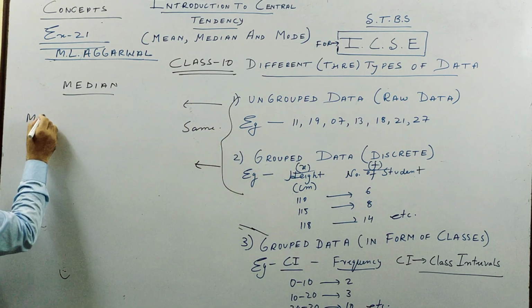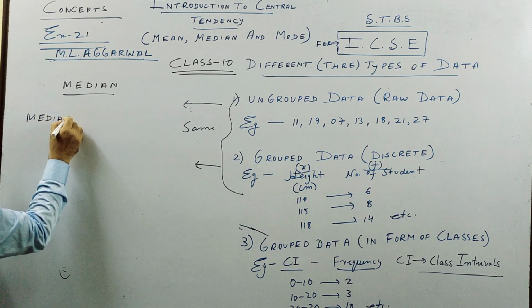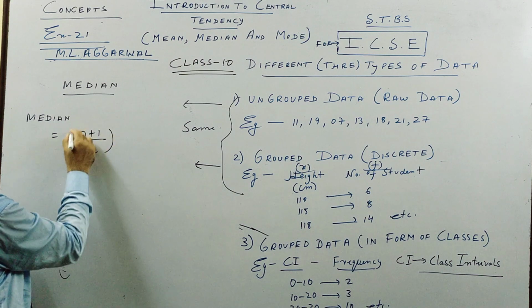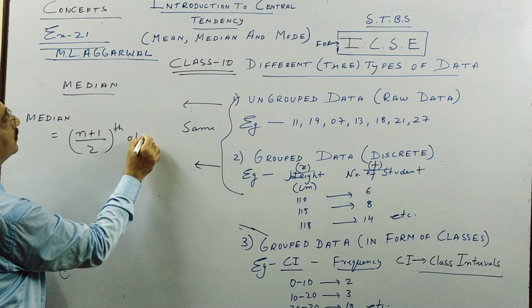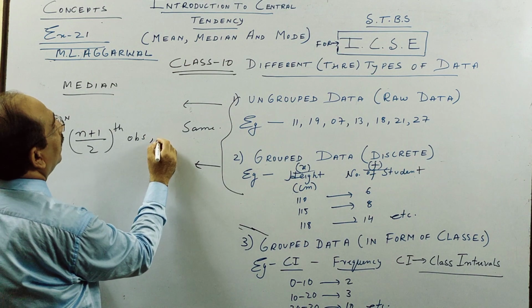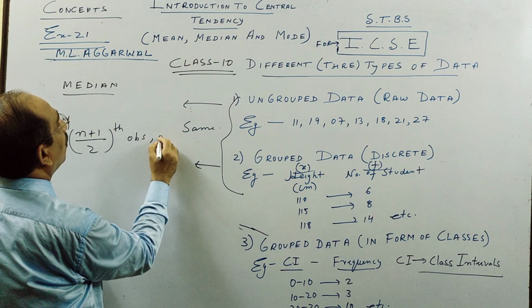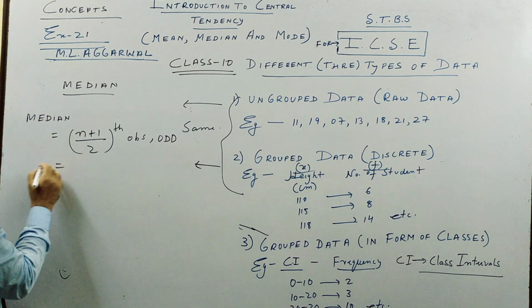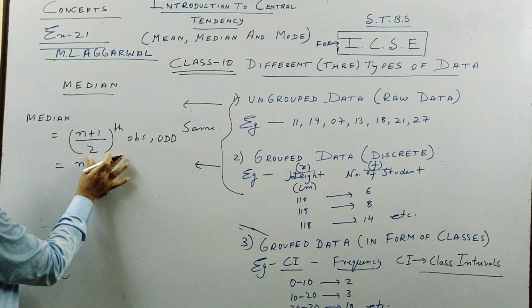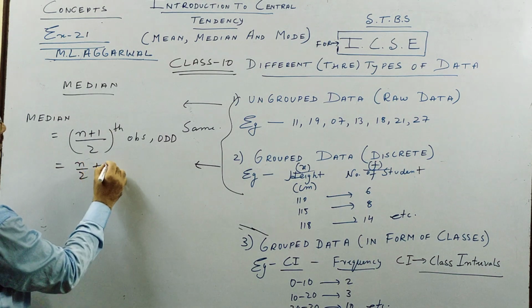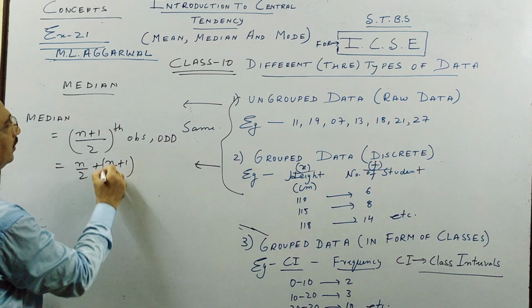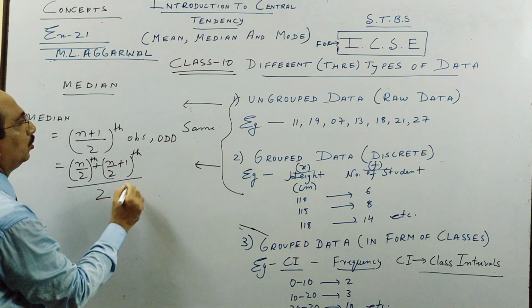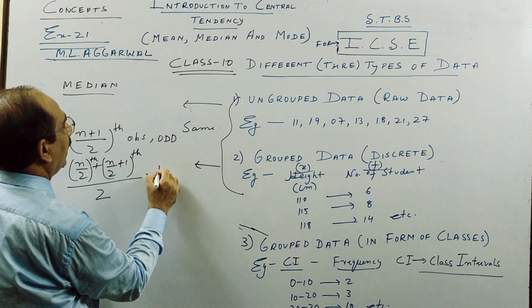Median is equal to the (n plus 1) by 2 th observation when n is odd, and median is the (n by 2 th plus (n by 2 plus 1) th) observations, children, divided by 2, when n is even.